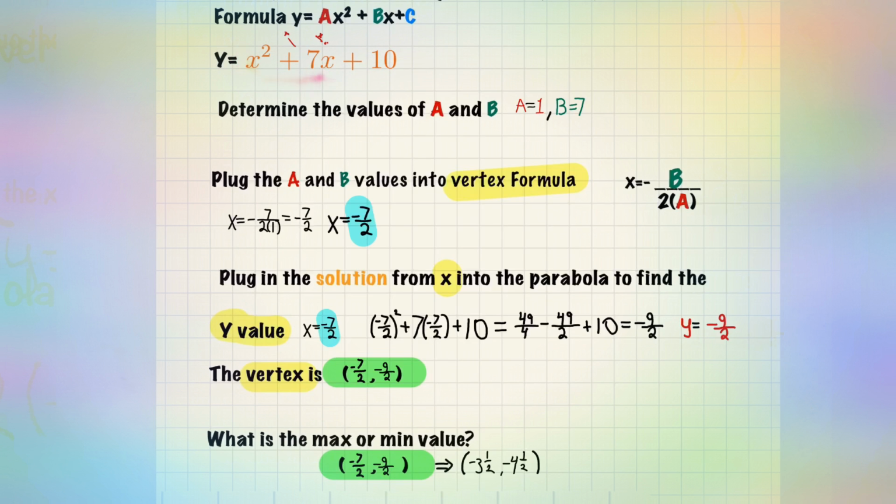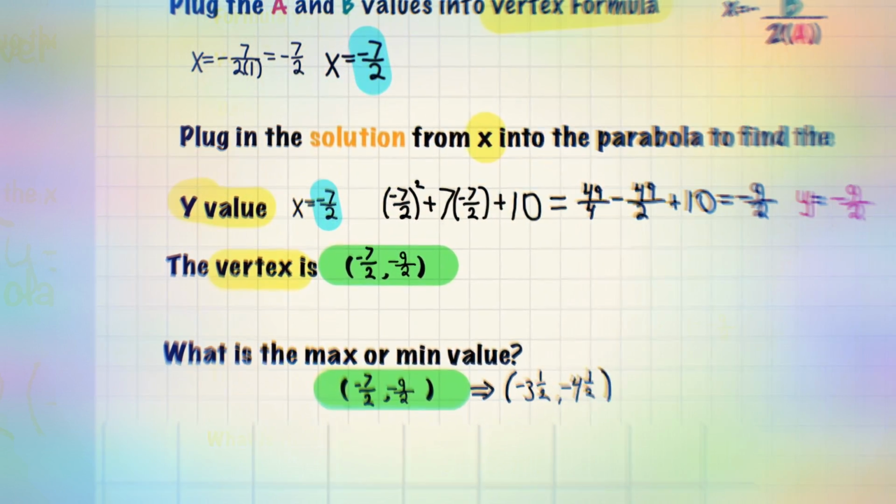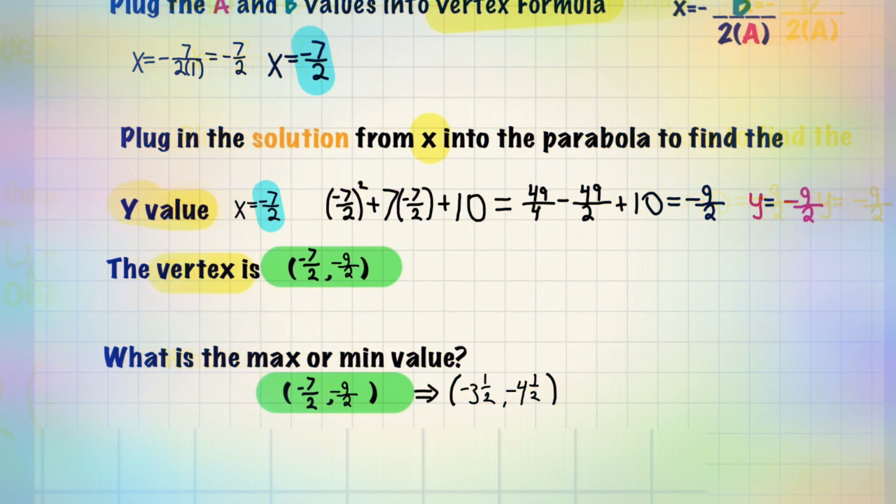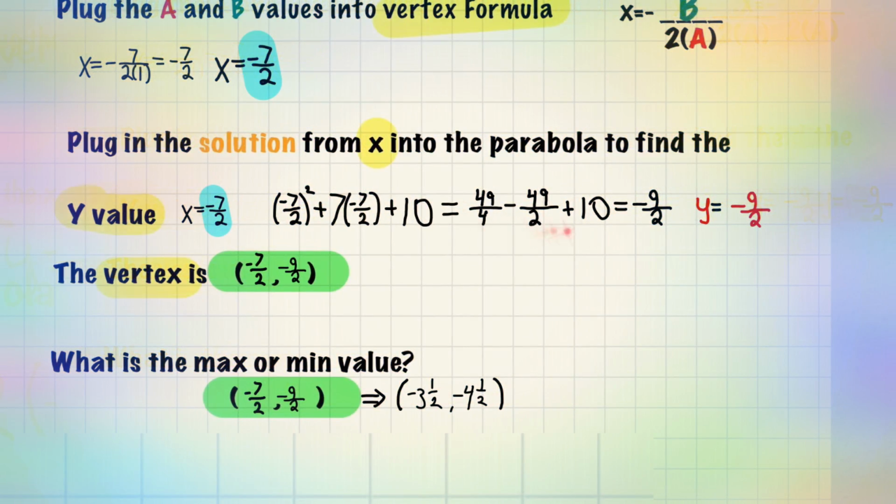Wherever we see an x is where the negative 7/2 will go. So here we go. We have negative 7/2 squared plus 7 times negative 7/2 plus 10. And when we reduce this all the way down, we get y equals 9/2.